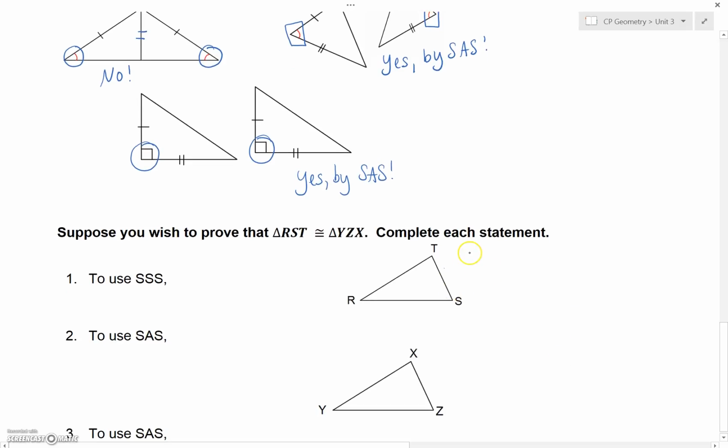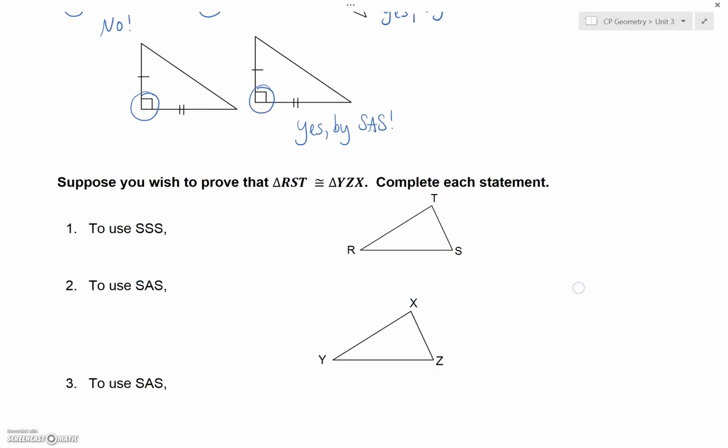So for example, if I wanted to use side, side, side to prove RST to be congruent to YZX, and I said I have TS and I have XZ, and then I said YZ and RS, well, the additional statement that I would need, looking back to how I had named RST and YZX, is that RT needs to be congruent to YX, making sure that I'm naming them in the correct order.